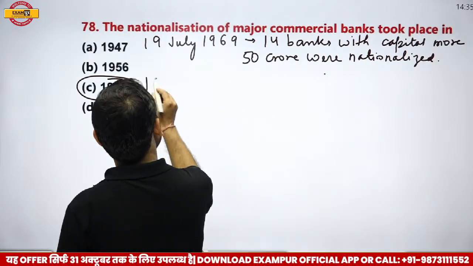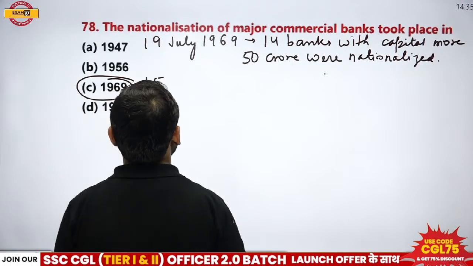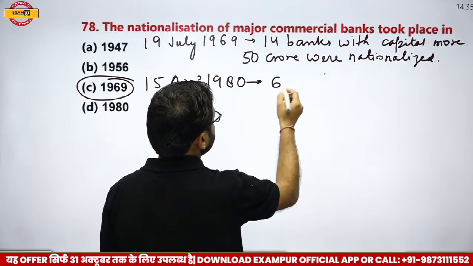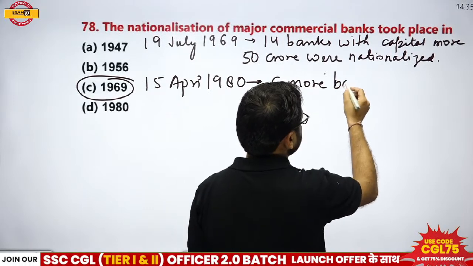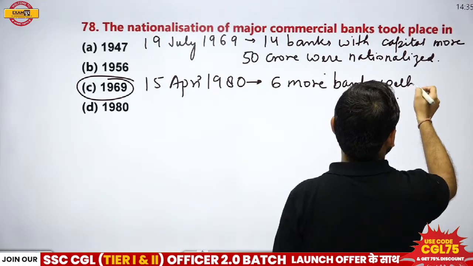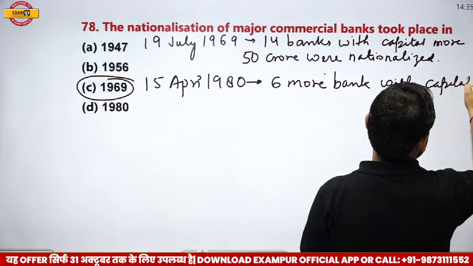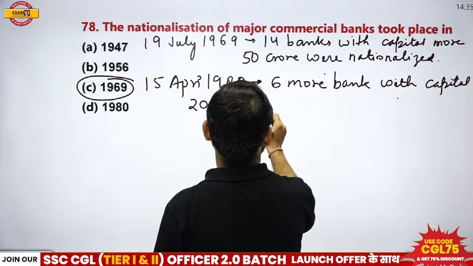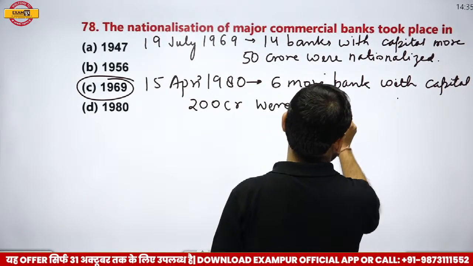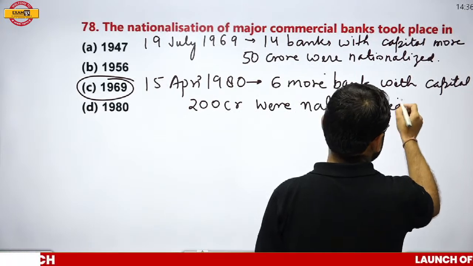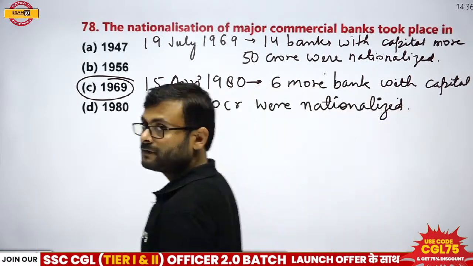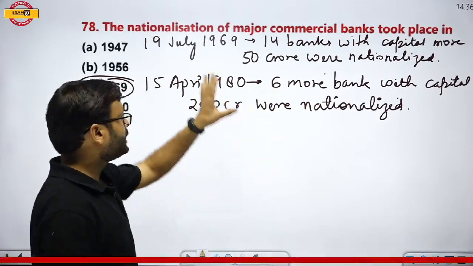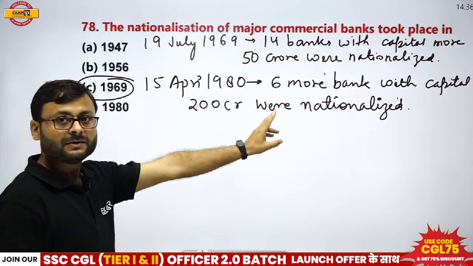And on 15th April 1980, six more banks with capital of more than 200 crore were nationalized in India. These are the 20 banks which were nationalized in two phases.